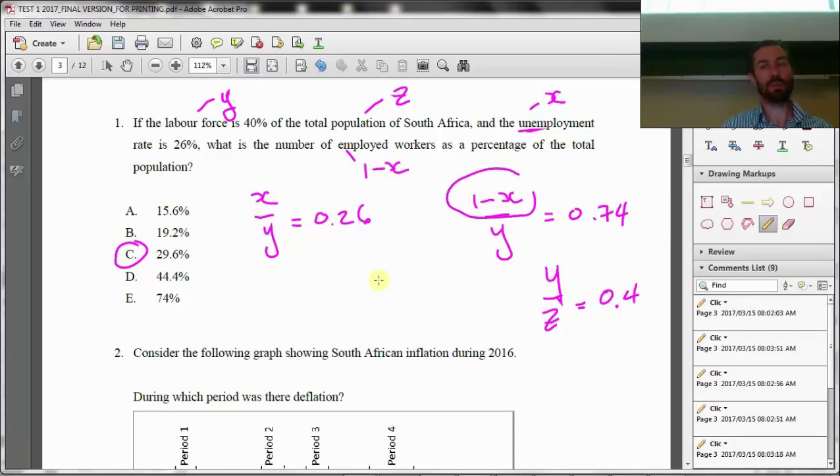Are you happy that Y is equal to 0.4Z? And Y is also equal to 1 minus X divided by 0.74. Which means 1 minus X divided by 0.74 is equal to 0.4Z. So 0.4 times 0.74Z equals 1 minus X, right? So 0.74 times 0.4 should give you 0.296.